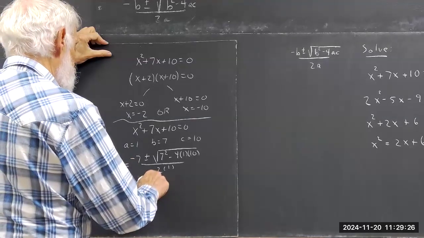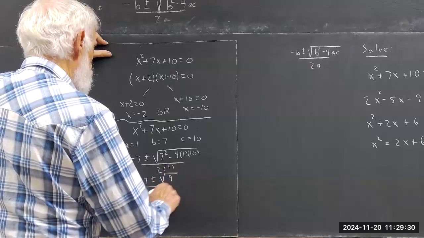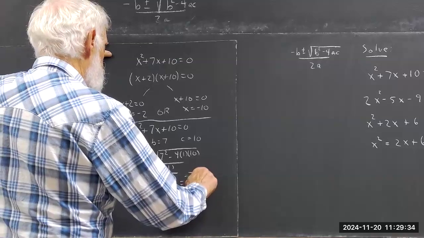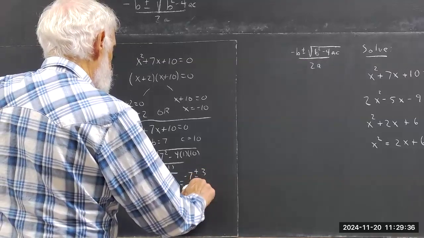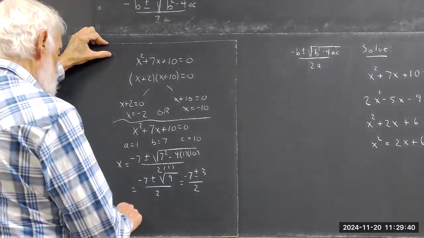So that equals -7 plus or minus the square root of 9 over 2, which equals -7 plus or minus 3 over 2.